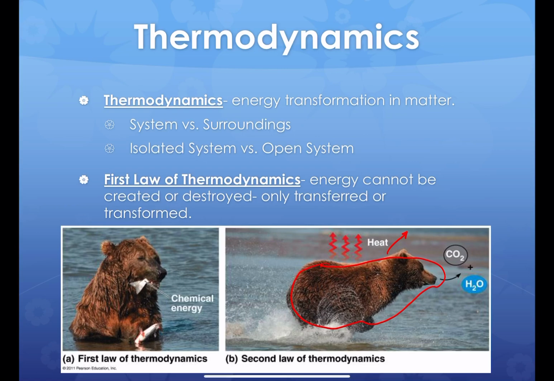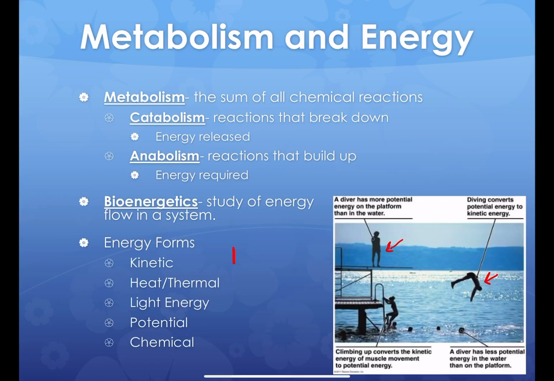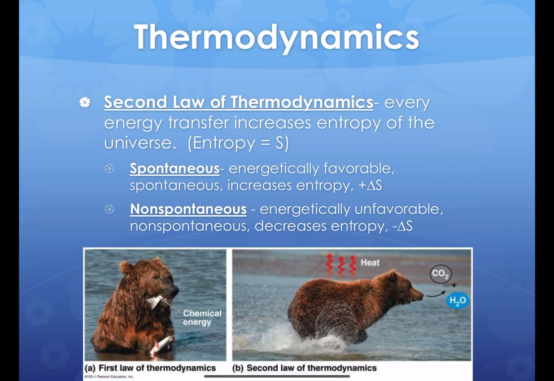The first law of thermodynamics states that energy can't be created or destroyed, only transferred and transformed between these forms that we talked about here. The second law of thermodynamics talks about how some processes are spontaneous versus non-spontaneous, and that energy transfer increases entropy.